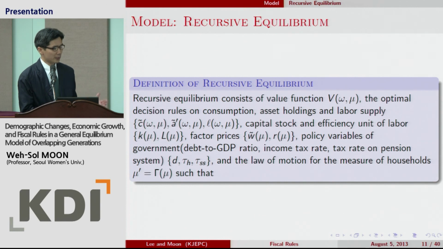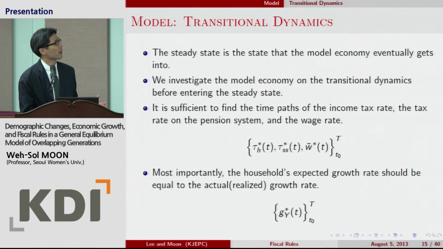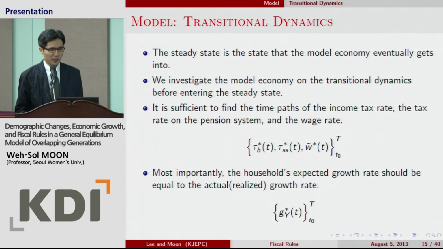This definition doesn't look at transitional dynamics, just a steady state. And our focus is on transitional dynamics for different fiscal rules. So the steady state is the state the model economy eventually gets into.